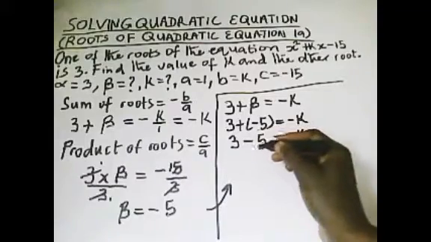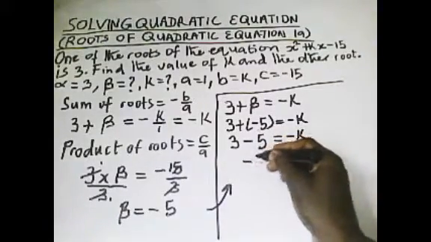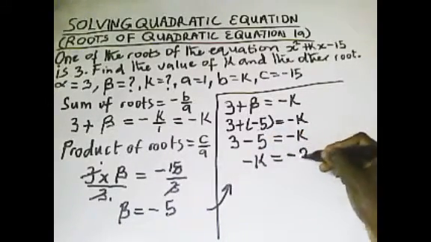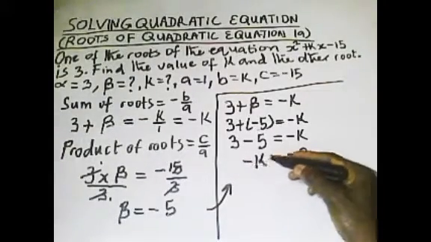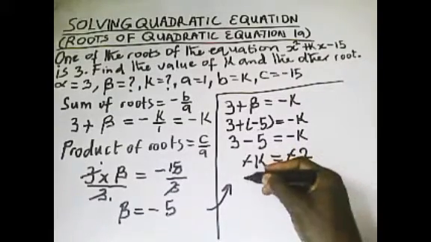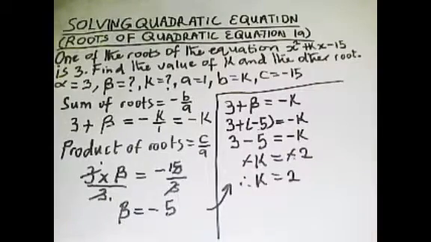If you simplify this, let's take this variable, minus k, equals 3 minus 5, which gives us minus 2. Since we have a negative sign on the left and a negative sign on the right side, both negative signs cancel out each other, and the final answer for k becomes 2.